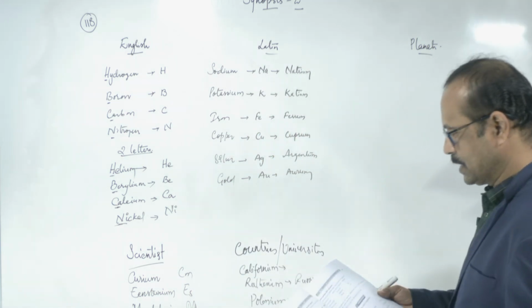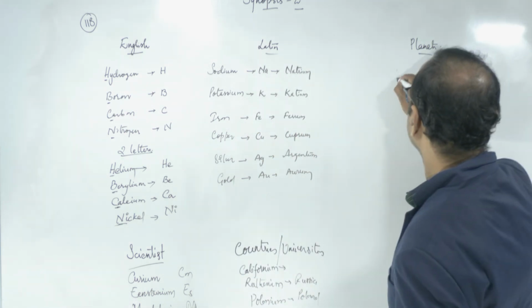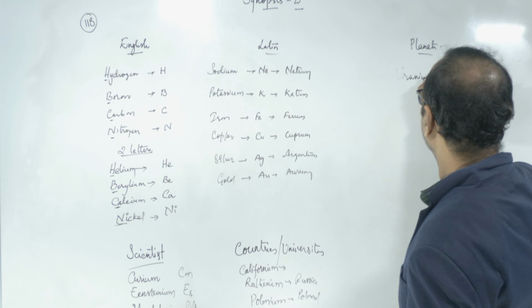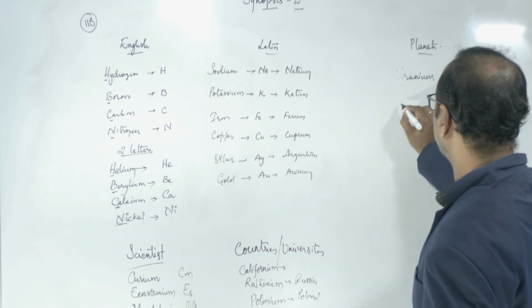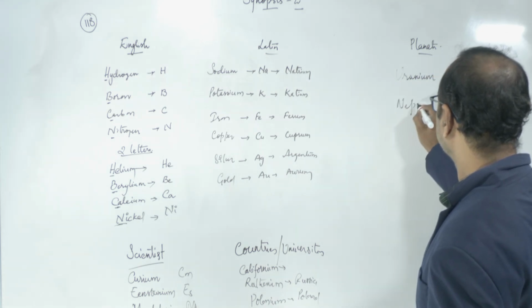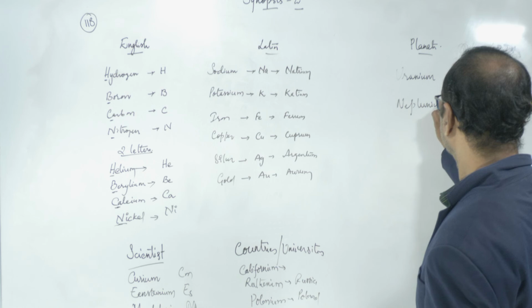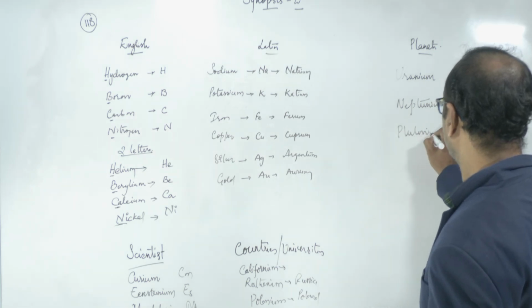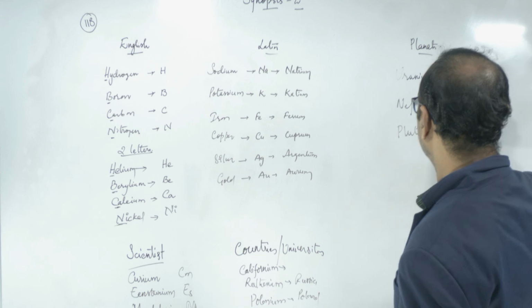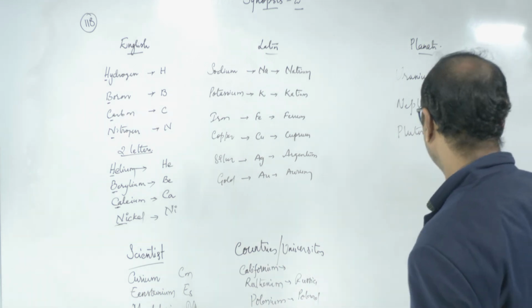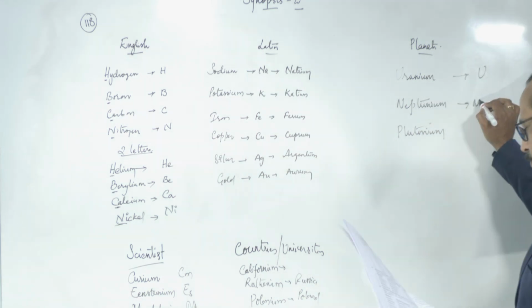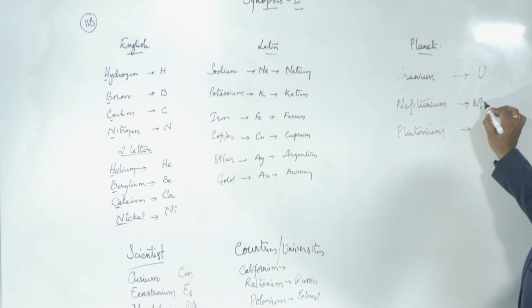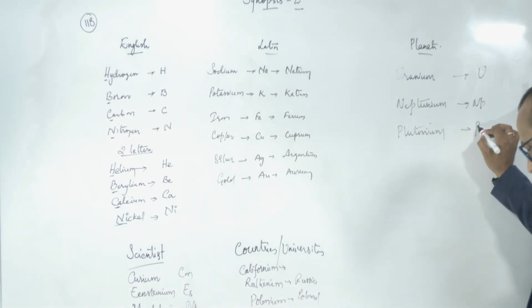Right. So here you can see uranium. This is also based on a planet. Neptunium, next to uranium, and then plutonium. Right. So here U, Neptunium, Np, plutonium, Pu.